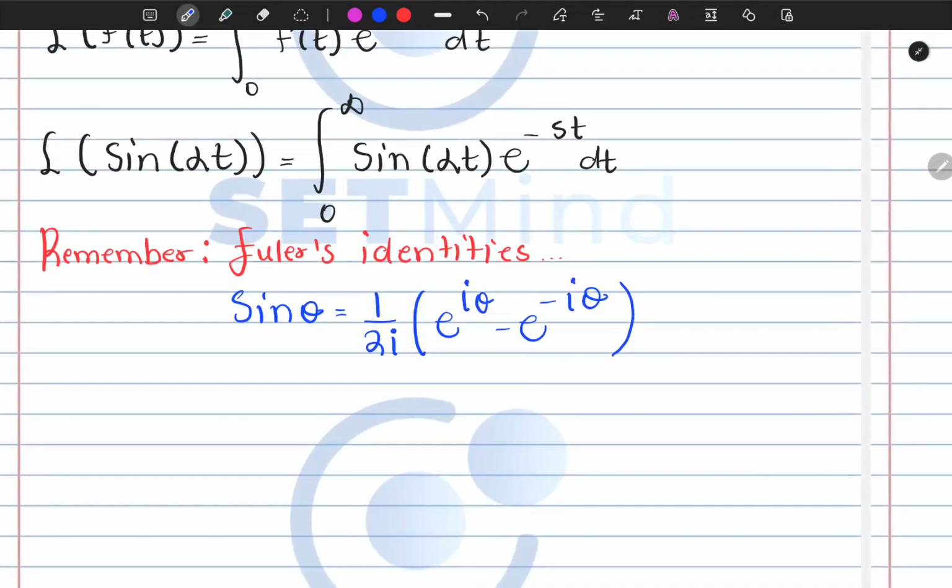But also useful is that sine theta can also be written as the imaginary part of e to the i theta. So we have two forms.